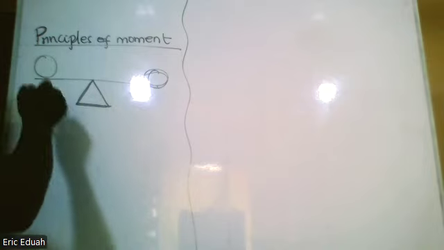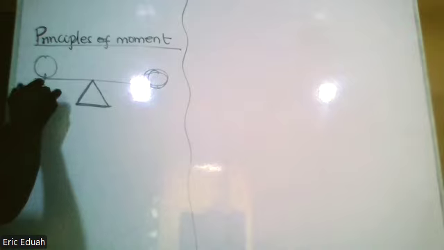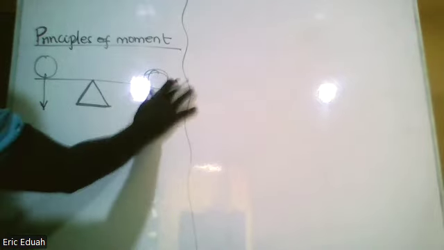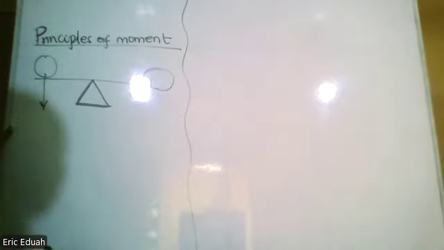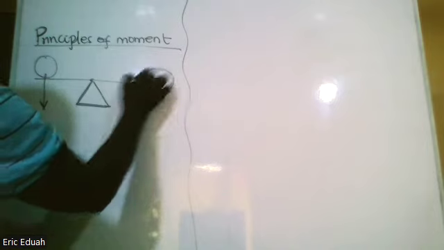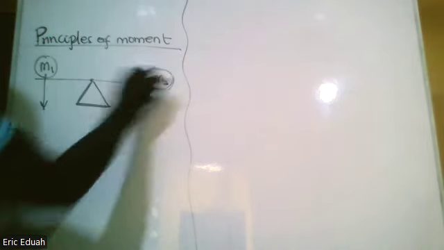Now, when this one object is greater than the other, there will be turning effects around the pivots. M1, M2.